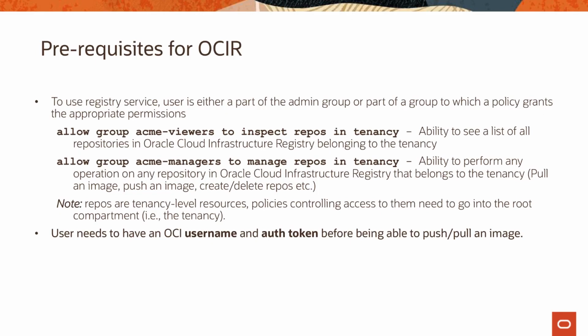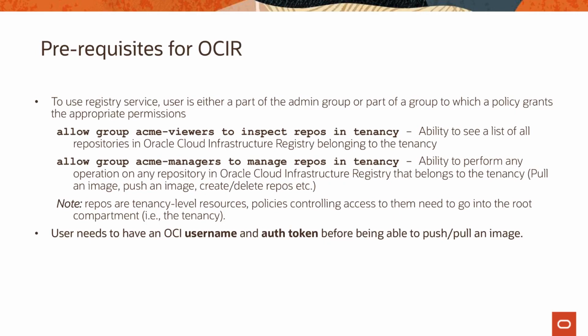So you can use the IAM policies to enforce strict access rights for your repositories as well. It follows the same basic principle of IAM. As you create policies in IAM, an OCIR registry is also a resource named Repos, and then you can start creating policies based upon the repos that you have using the same principle of IAM.